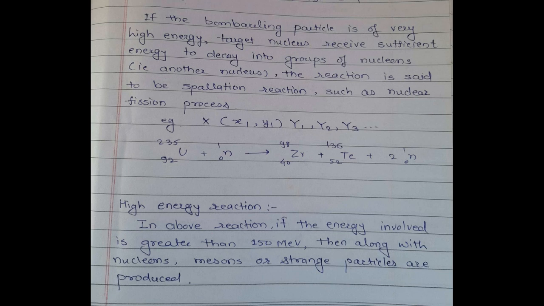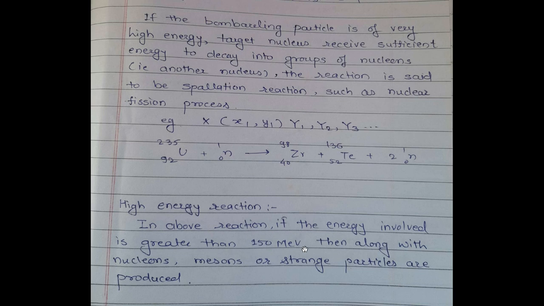Now in the evaporation process or in the spallation reaction, the liberated particle or product particle is either a nucleon or an alpha particle, these lighter particles. If the energy of the incident particle is still higher, what will happen? Still higher means greater than 150 mega electron volt.